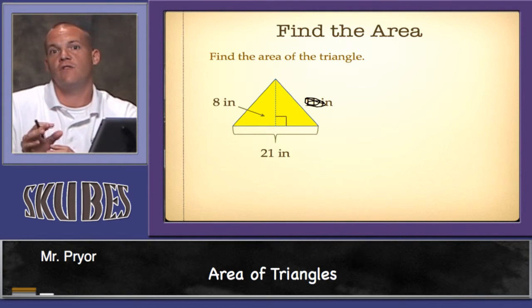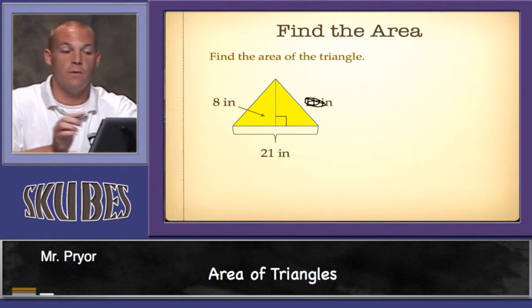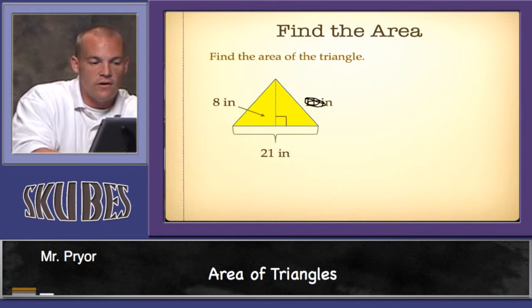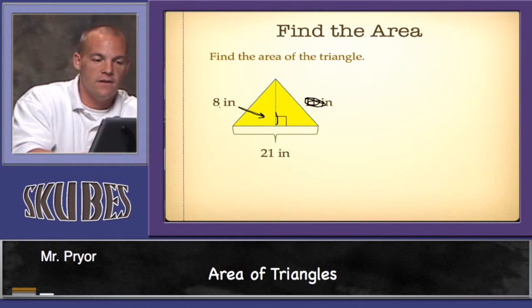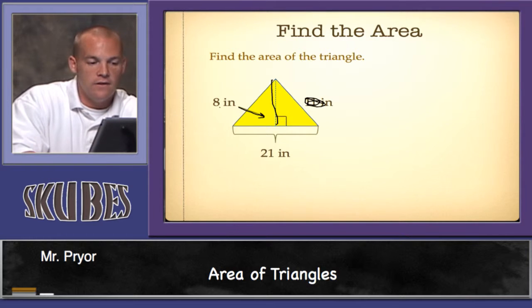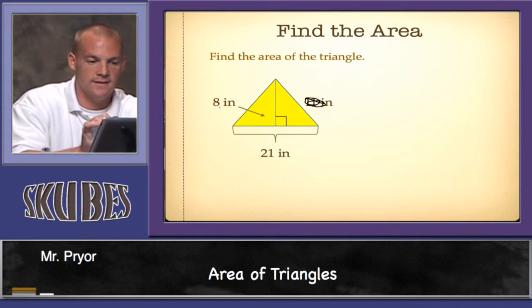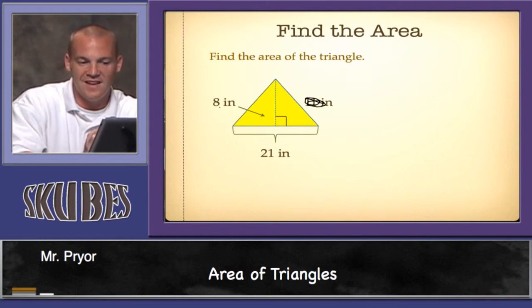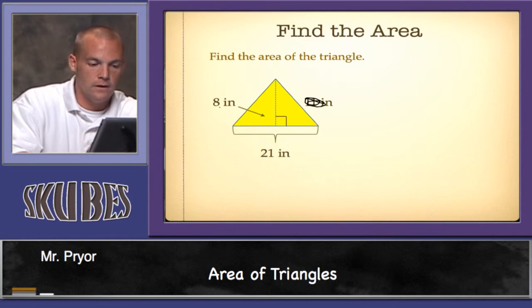Again, the height of a triangle has to be a vertical 90-degree line connected with the base. You can see they've already shown us by pointing an arrow that 8 would be the dimension that goes along that line. So the 8 is going to be our height, and 21 is going to be our base. 11 just represents what we would typically call a hypotenuse, or just another side of the triangle.